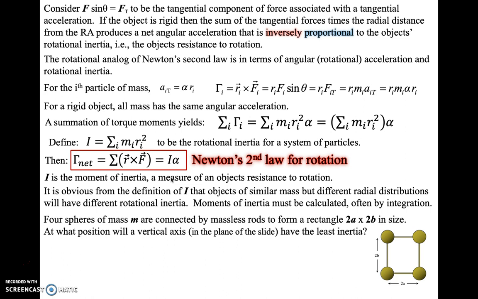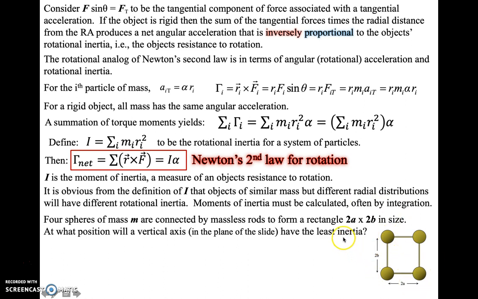And I want to define the moment of inertia through some axis that's in the plane of this image here, in the plane of the slide. And what I'm asking here is what position will have the least inertia? So you can imagine I could draw a vertical line somewhere relative to the system of four masses.